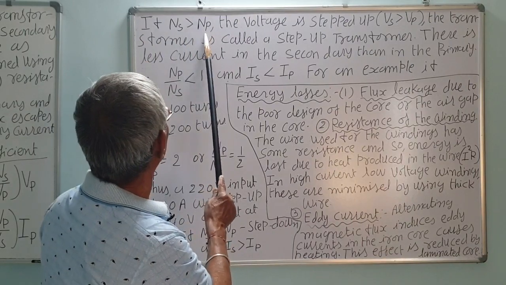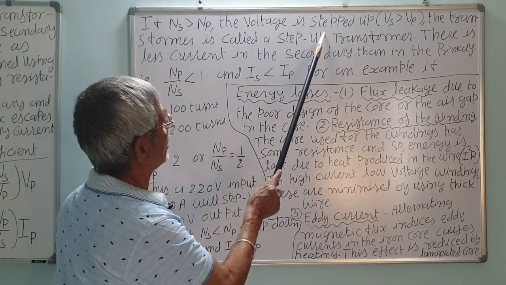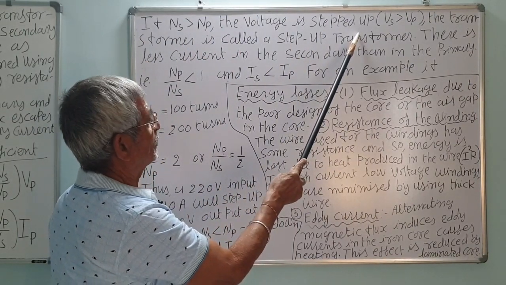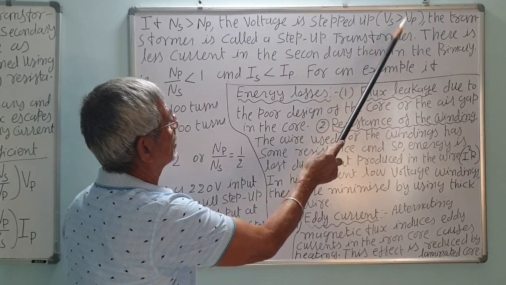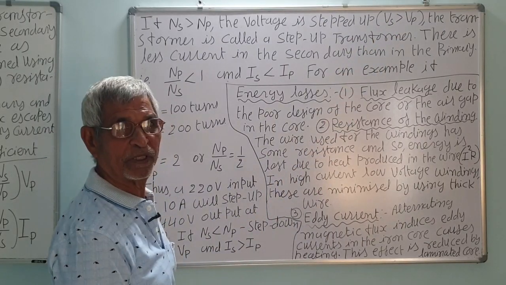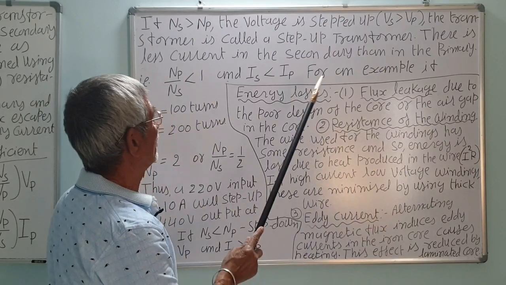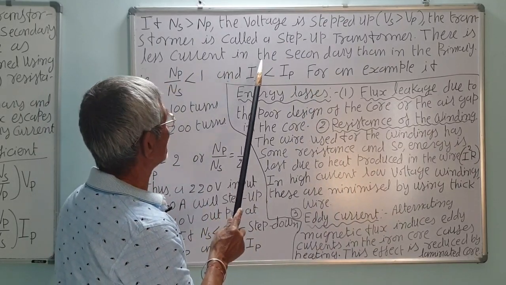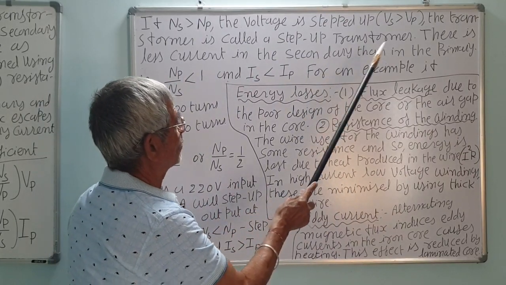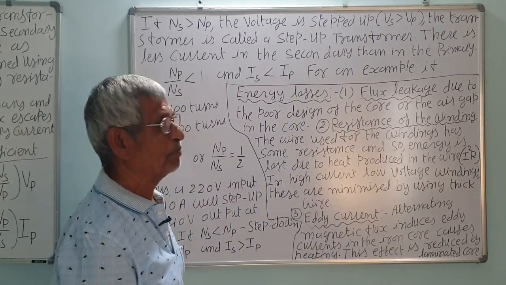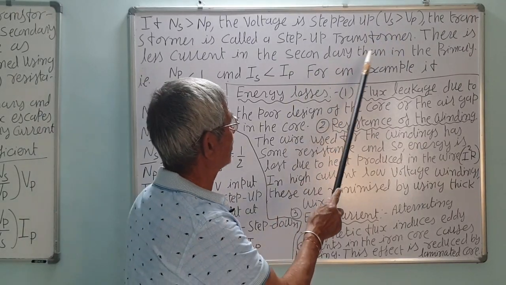If Ns is greater than Np, the voltage is stepped up, as we had discussed earlier. So Vs is greater than Vp, the transformer is said to be a step up transformer, and there is less current in the secondary. Voltage is more, current will be less, total power is the same as in the primary.